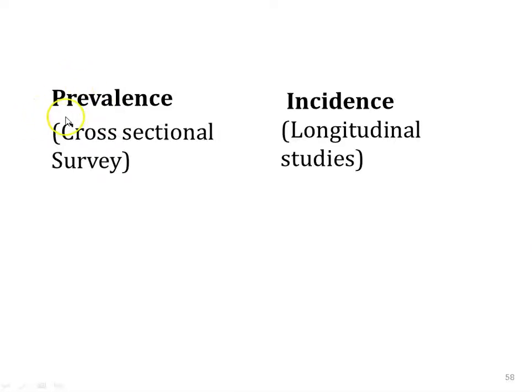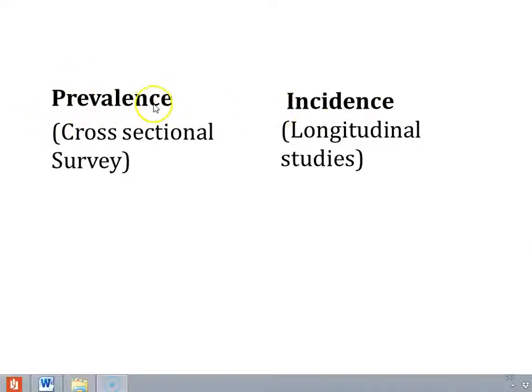Now first understand the difference between prevalence and incidence. Prevalence includes old and new cases, and incidence means only the new cases. To find out prevalence, we conduct cross-sectional surveys, and to find incidence, we do longitudinal studies.